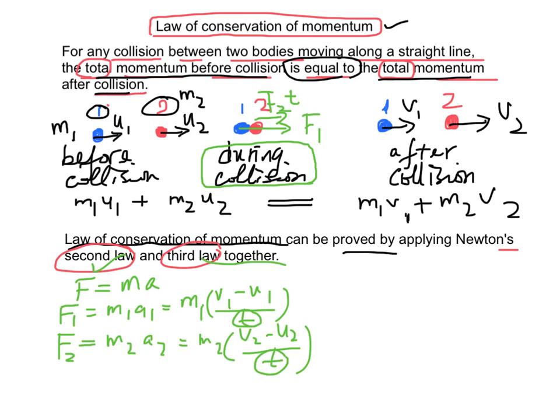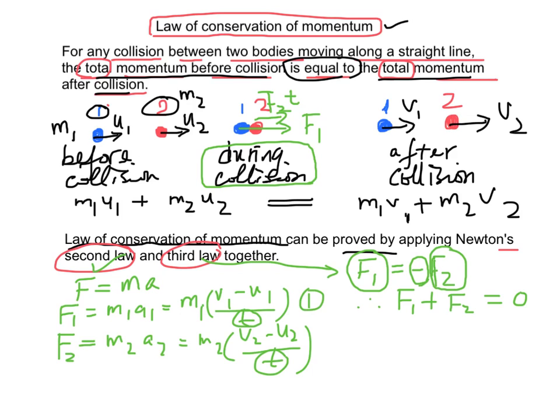By Newton's third law, the force on 1 and the force on 2 are an action and reaction pair. Therefore, we have F1 equal to negative F2, which means that the magnitudes of F1 and F2 are the same. However, they are of opposite direction. Therefore, we have F1 plus F2 equal to 0.